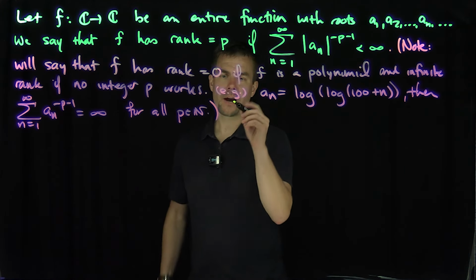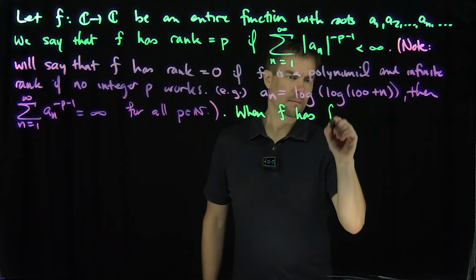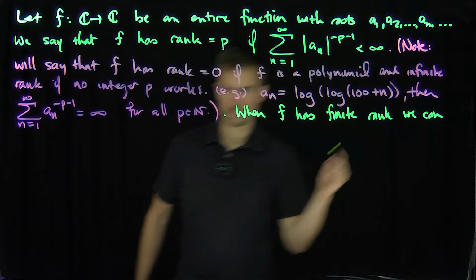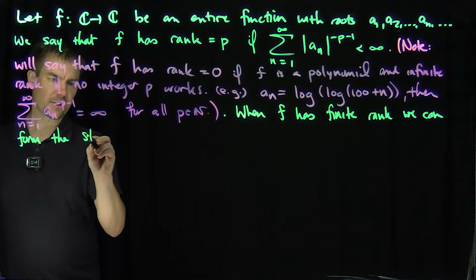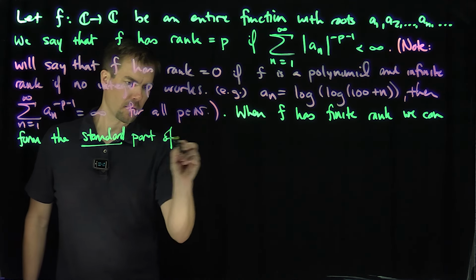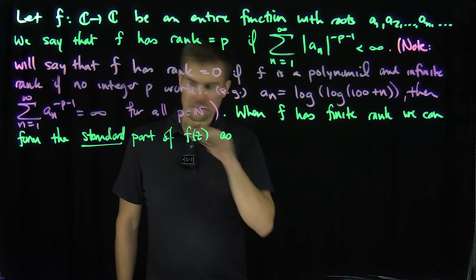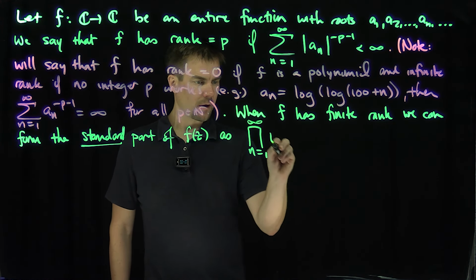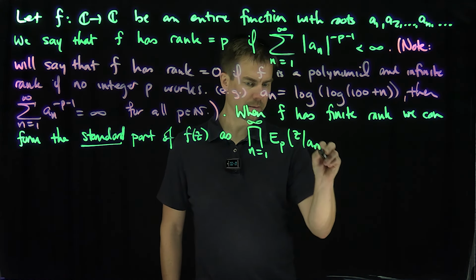Now when f has finite rank, we can form the standard part of f of z, as just this part of the Weierstrass product: n goes from 1 to infinity of E_p of z over an.